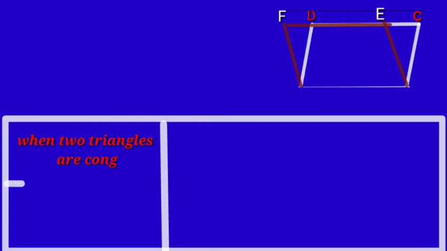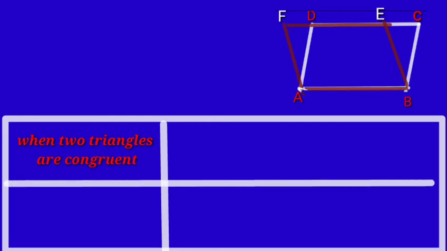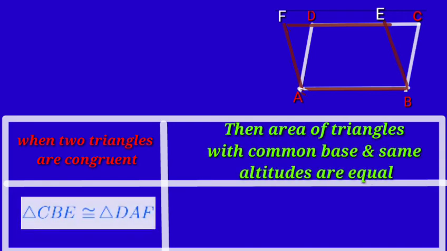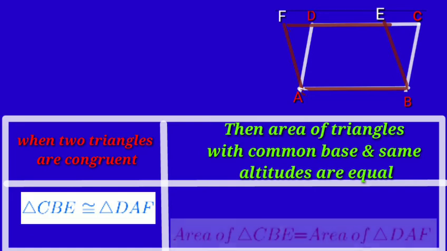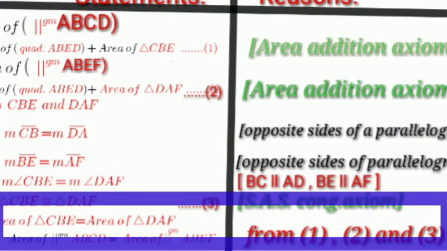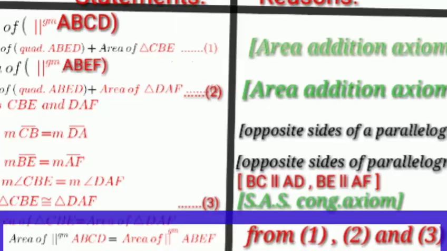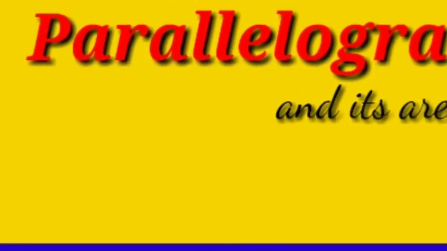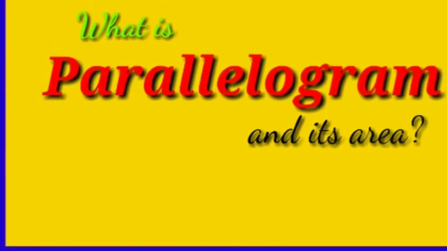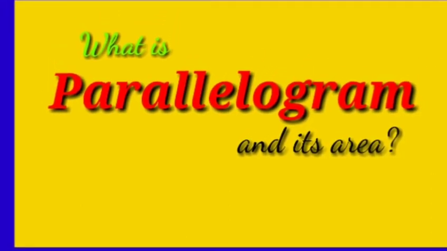When two triangles are congruent, then areas of triangles with common base and same altitude are equal. Here we state what a parallelogram is and what its area is.